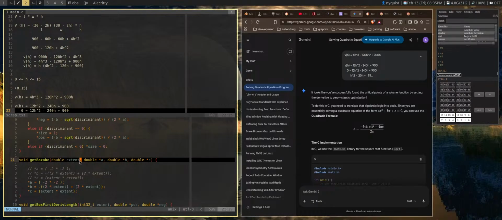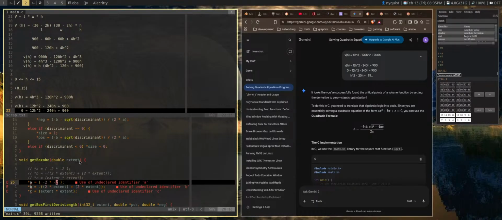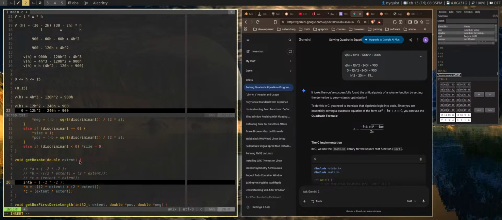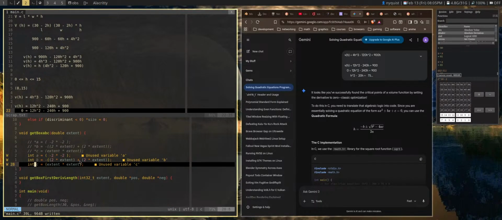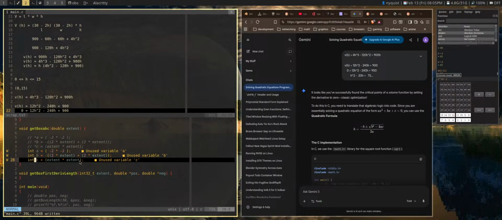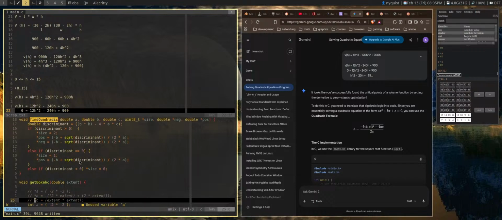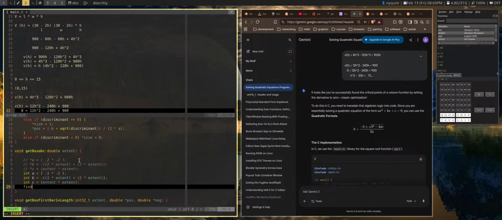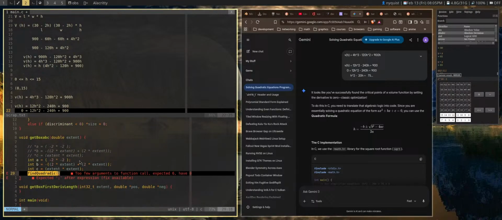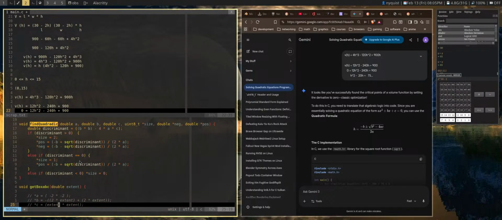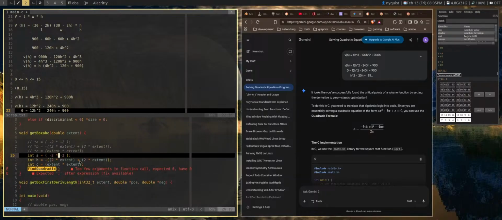We might not need all this. Int A, int B, int C. It's fine. The quadratic formula will solve for H for us. Quadratic A, B, C, size. Okay.